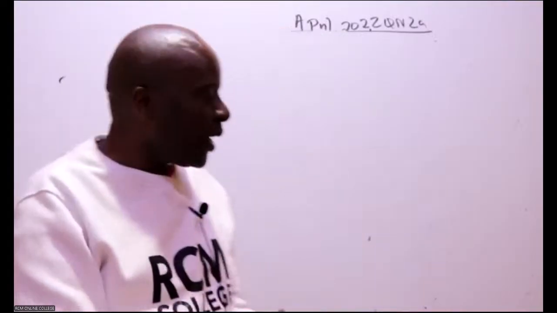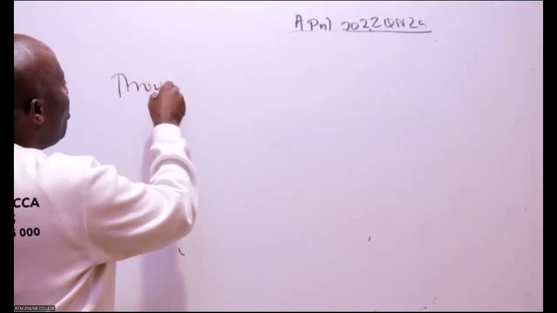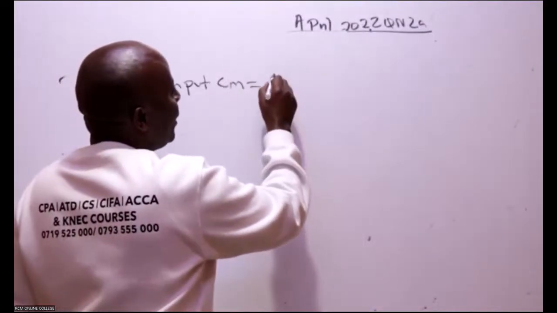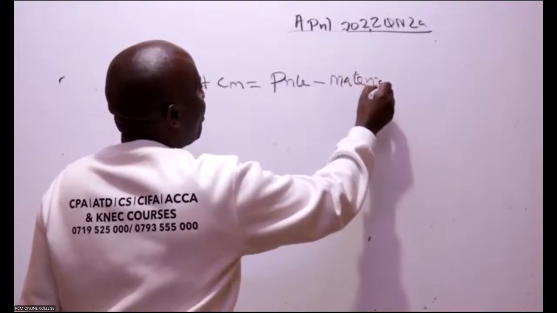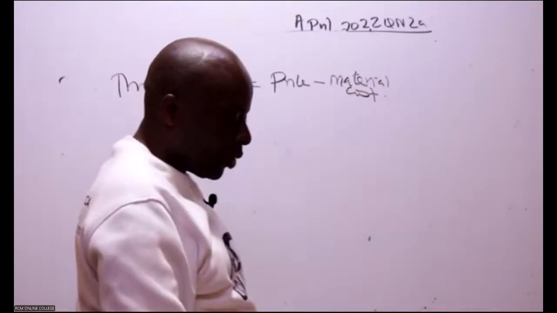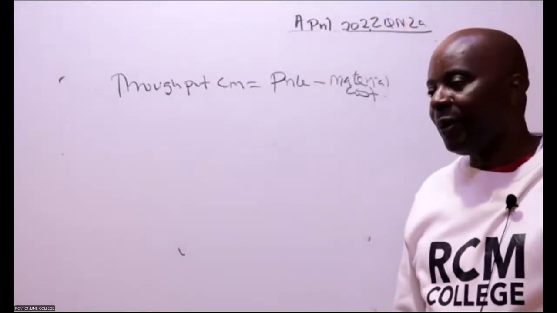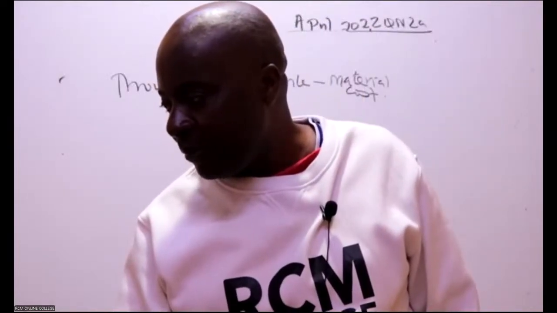So under throughput, we have what we call throughput contribution margin. To get throughput contribution margin, you take price minus material cost. Can somebody explain why I am only subtracting material cost?